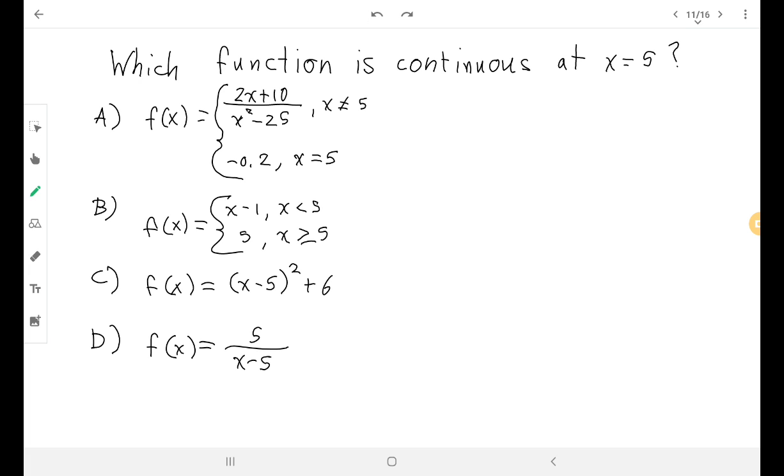And in fact, if you start thinking about it, there's all sorts of weird stuff going on. If I factor 2 out to the front, I have 2 times the quantity x plus 5 over, and I've got a difference of squares on the bottom, so that factors into x plus 5 times x minus 5.